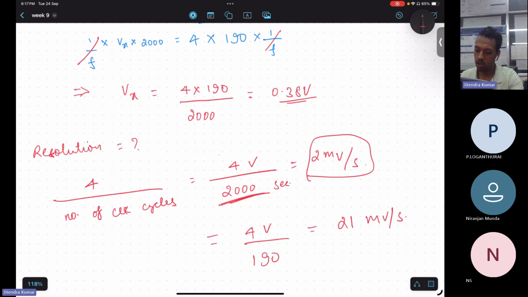Resolution is generally measured in terms of voltage, so you can avoid per second. So the resolution is 21 millivolt with 190 cycles, and with 2000 clock cycles we get a resolution of 2 millivolt. The lowest possible value is achieved with the highest number of clock pulses. That is why we are using 2000 here.